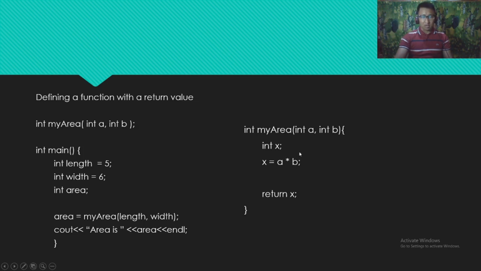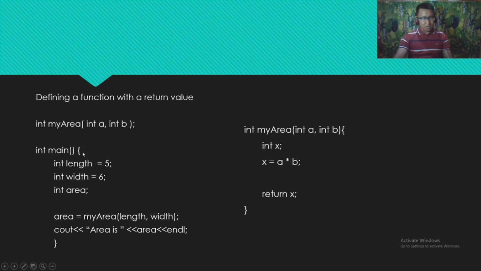After the calculation of variable a and variable b, the result will be stored in this particular variable, and later on we will return the value of this variable to the main function here.